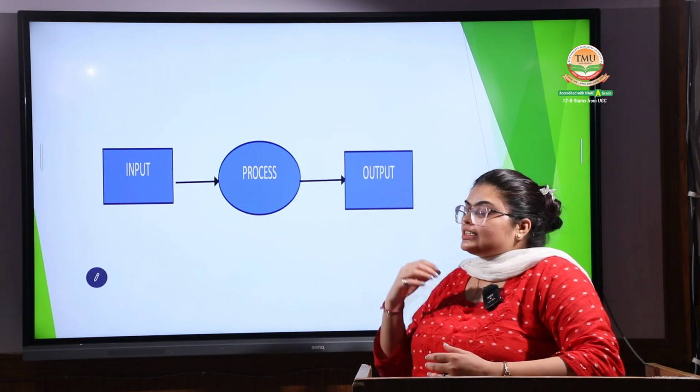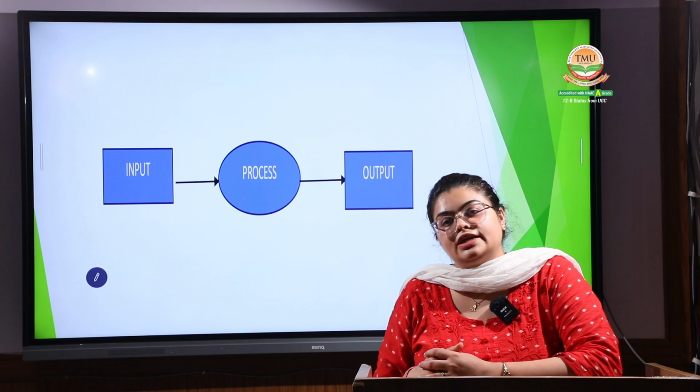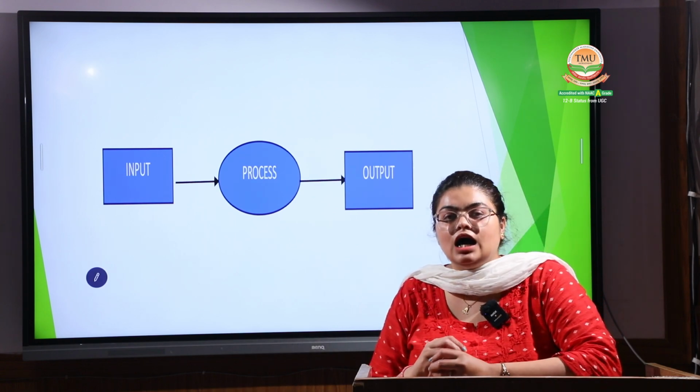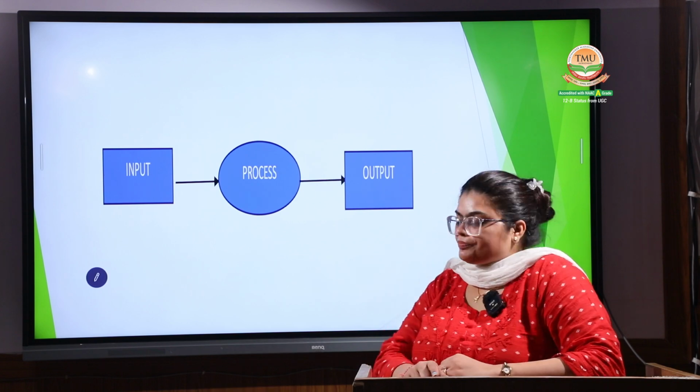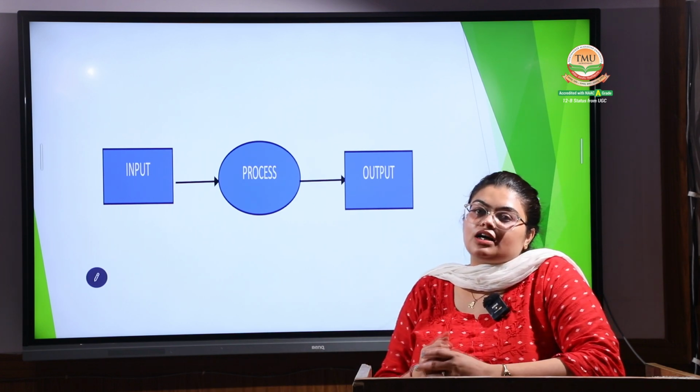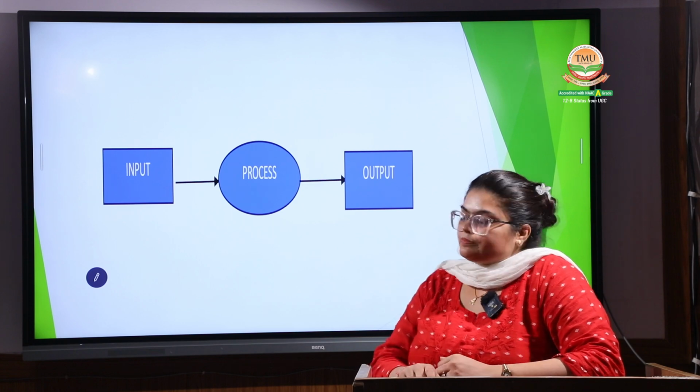And the output is the information we get after processing the data, or output is also considered as processed data. So on these 3 things, a computer's functionality depends.